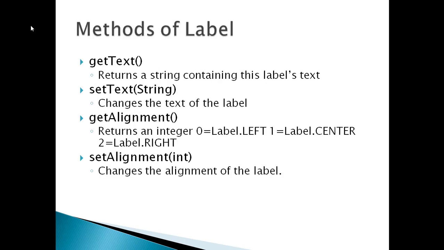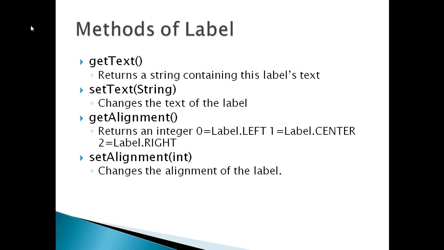Methods of the Label class. There are a number of methods. To get the text associated with a label object, we need to use the getText method. getText returns a string containing this label's text. setText(String): suppose we have created a label by using the default first constructor, that is simply Label().